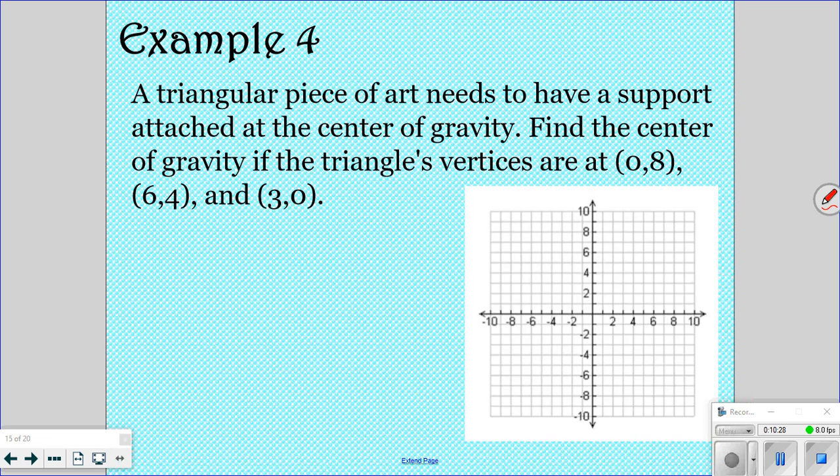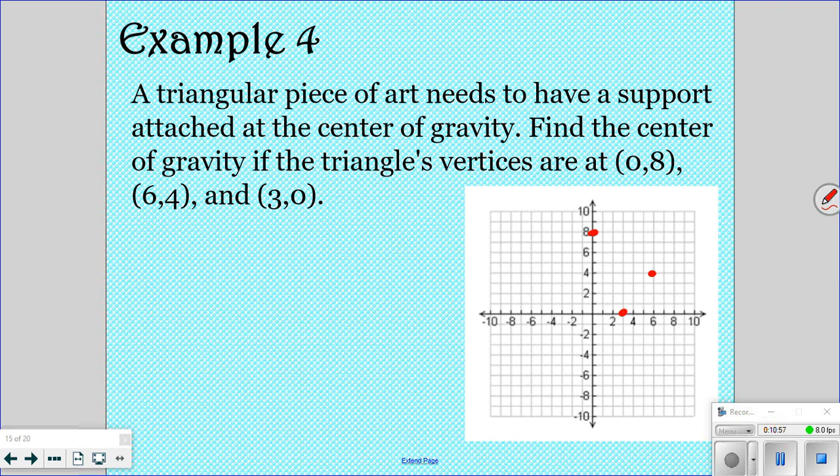Looking at this one, we want to find the center of gravity for our piece of art. So first thing we need to do is graph it. So (0, 8), (6, 4), and (3, 0).